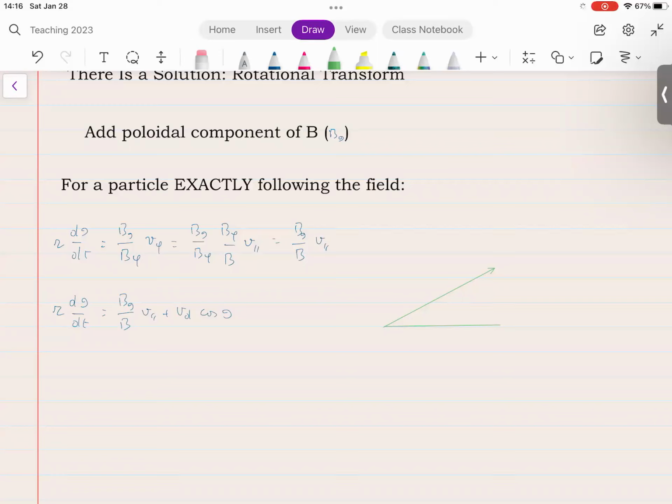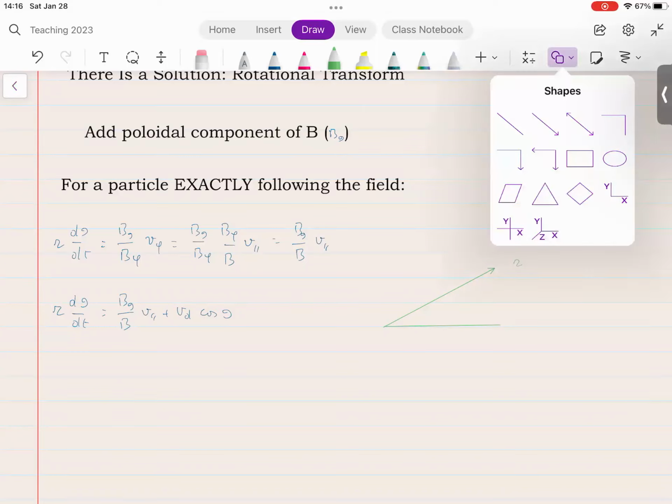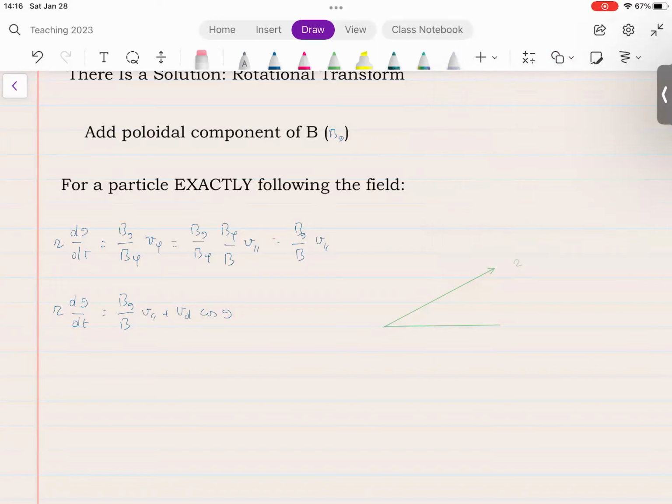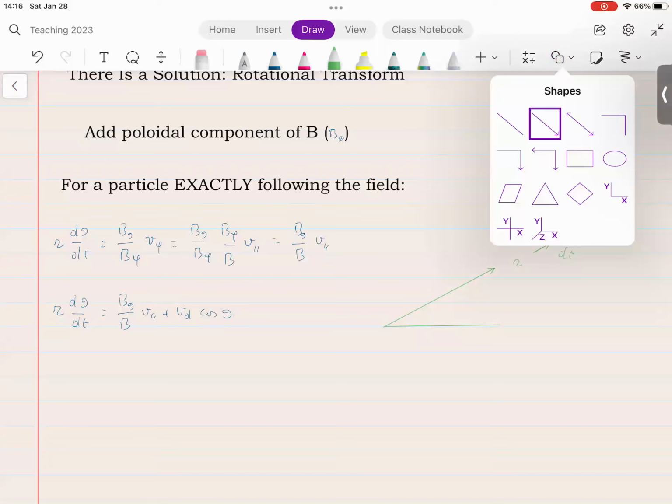So here is the radial direction. That's also going to be the direction dr dt. How much the direction of the velocity that's radial, so how much the radius over which the particle is moving is changing over time.